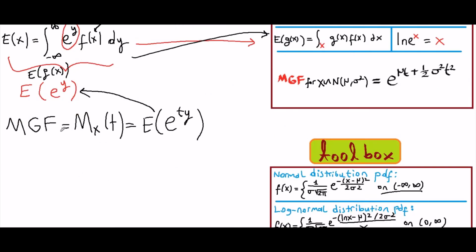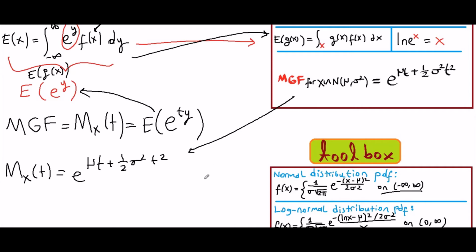If our t value is equal to 1, then this is equal to that. And the moment generating function for the normal distribution is equal to e to the mu t plus 1/2 sigma squared t squared. We can use this information here. If our t value equals 1, that is equal to the expectation of e to the y.